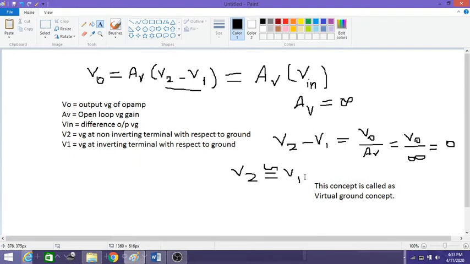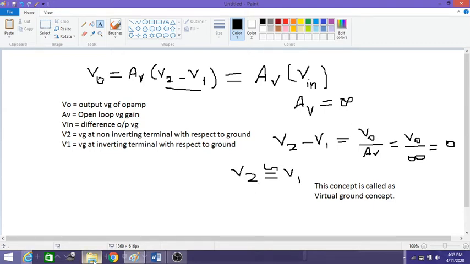Because if we ground one of the terminals or inputs, then virtually the other input is also grounded. Why? Because of the ideal characteristic of the op-amp that it has infinite input resistance. So if we ground one of the terminals, automatically the other terminal is also virtually grounded. It means both terminals will have a voltage of 0 volts. So that is what it means.